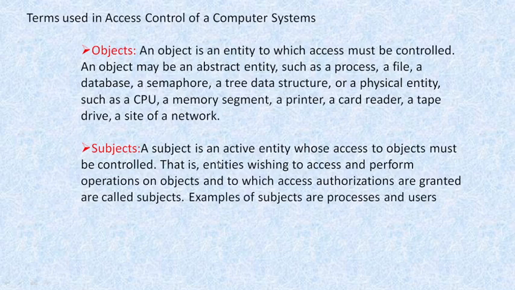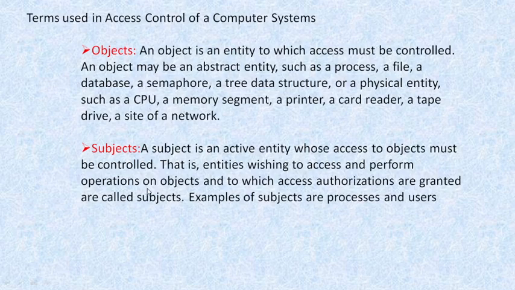In the previous example, I will become an active entity in which I want to access the database. Like that, a subject is an active entity, means any user or a program whose access to objects must be controlled. Means my access to the object, that is the database, should be controlled like that.